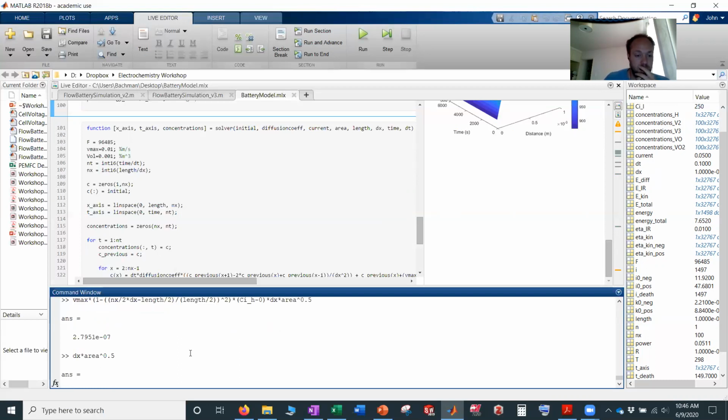You have dx times area raised to the 0.5, so basically you have just a little tiny cross-sectional area. But that's okay, that can be small. What's this term? And this is 1e to the negative 3.